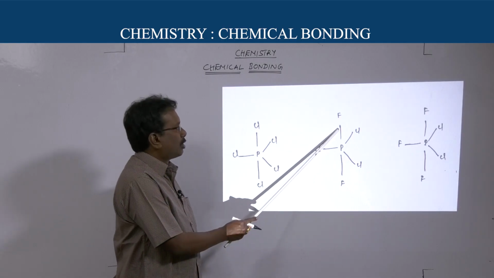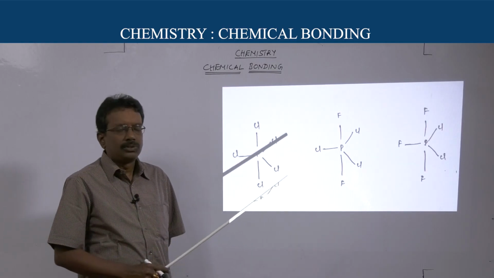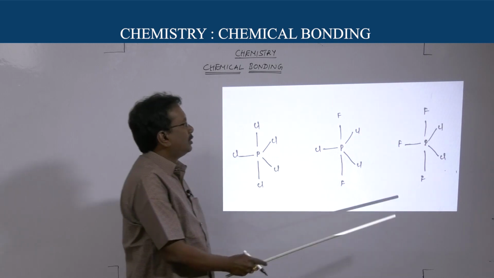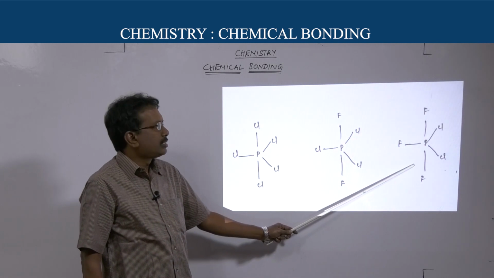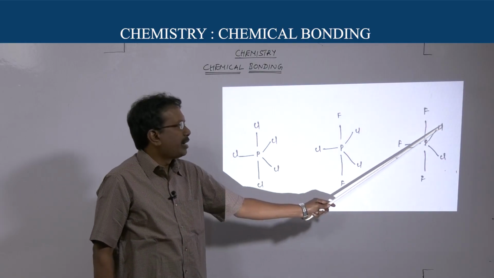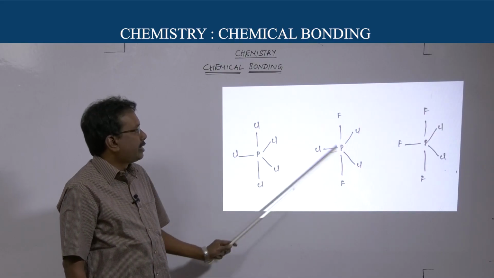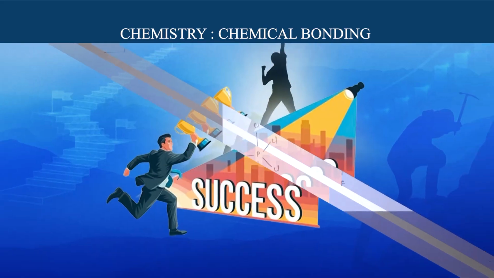Here also, if we look at the PF3Cl2 molecule, in this PF3Cl2 molecule, 2 fluorines are in the axial positions. Third fluorine among these 3, 1 position is occupied by fluorine. So second conclusion is most electronegative atom you have to accommodate in the axial position in the trigonal bipyramidal structure.